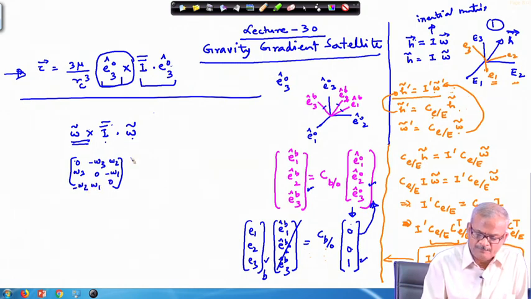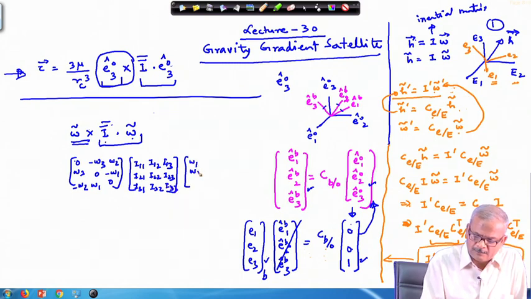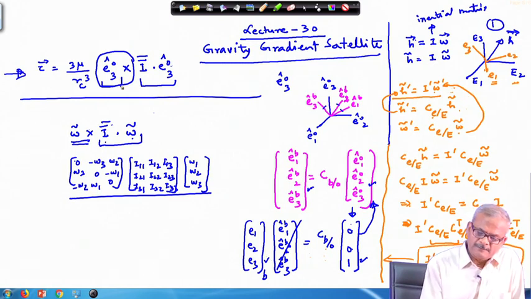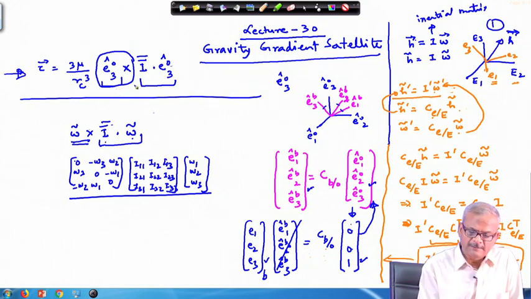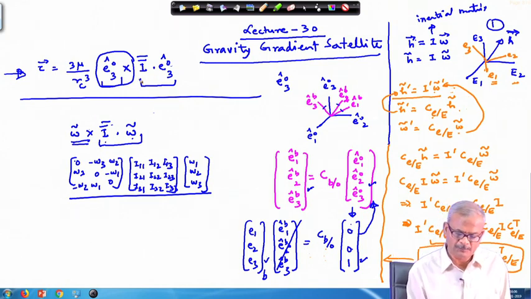And from our earlier discussion, this can be written as I 1 1, I 1 2, I 1 3, I 2 1, I 2 2, I 2 3, I 3 3, and here then omega 1, omega 2, omega 3. Along the same line we have to change it here in this place and then our job will be done, and we will utilize this information to put it in a proper shape.